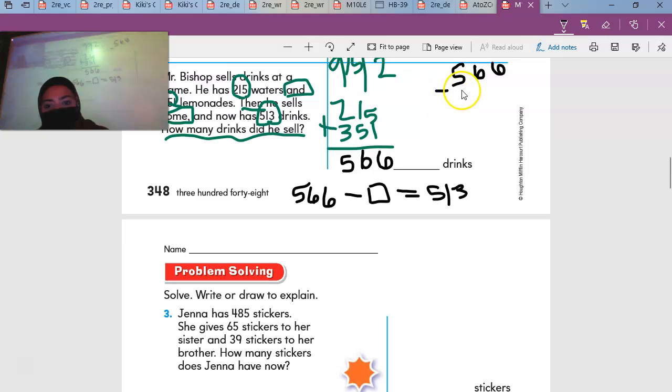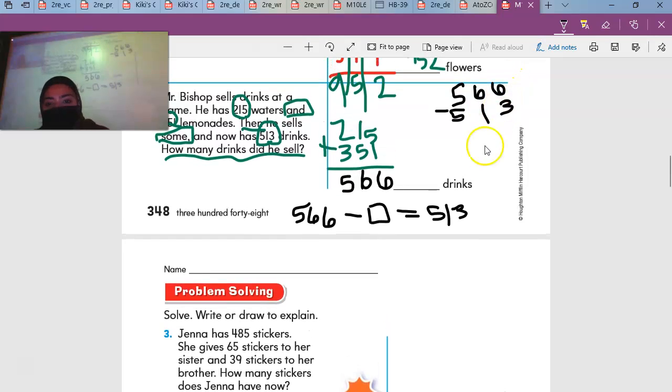566, take away 513. Guys, these are multi-step word problems. It's very important you know how to do these when you leave the second grade. In the third grade, this is mostly all you will get. You will get the STAR test in the third grade, and the STAR test is mostly all word problems. So you have to make sure you are reading these carefully, circling what's important, boxing what's important, underlining the question, circling the numbers, using your strategies, and trying to figure it out.